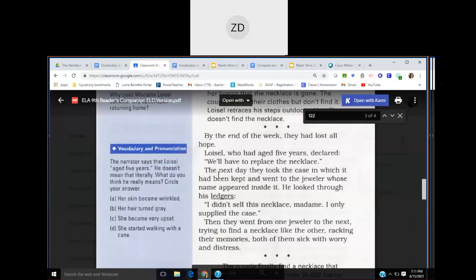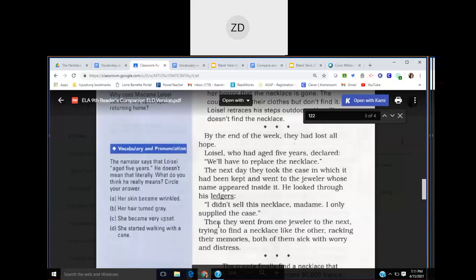The next day, they took the case in which it had been kept and went to the jeweler, whose name appeared inside it. He looked through his ledgers. "I didn't sell this necklace, madam. I only supplied the case."